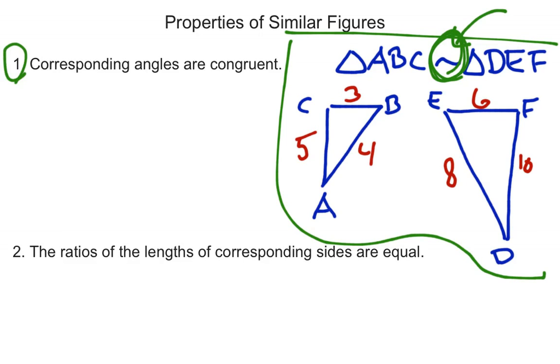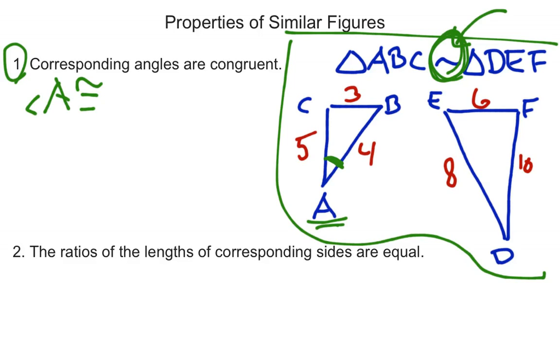Rule number one says corresponding angles are congruent. What that means is this. If I'm looking at angle A here, that would be this angle inside of it, and that's what that little symbol in front of the A means. It means angle. Angle A is going to be congruent to the angle on the other triangle that it matches up with.